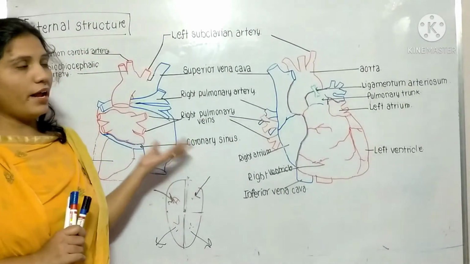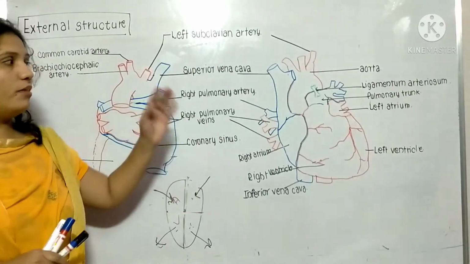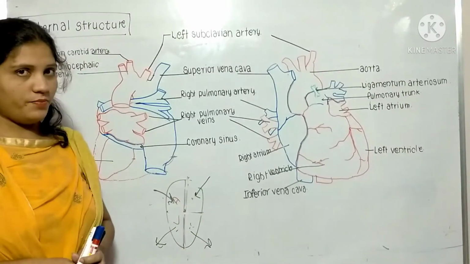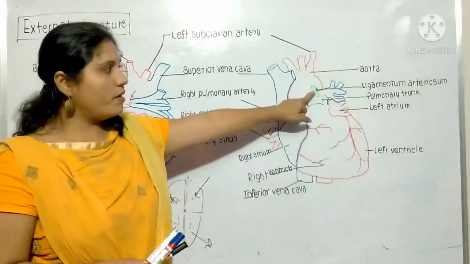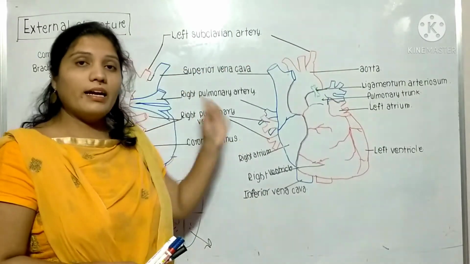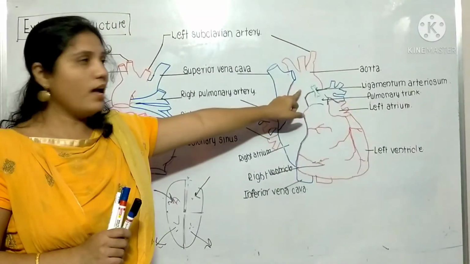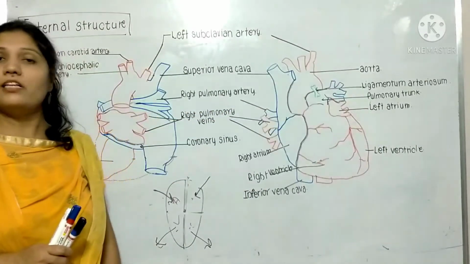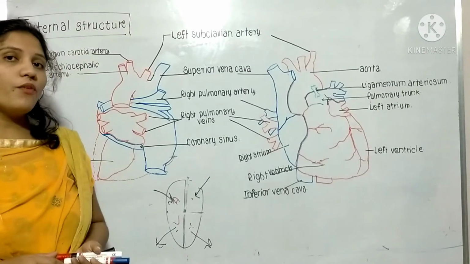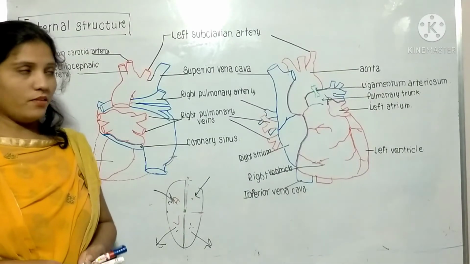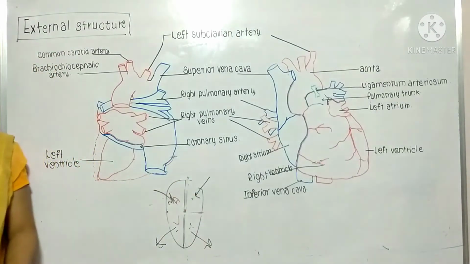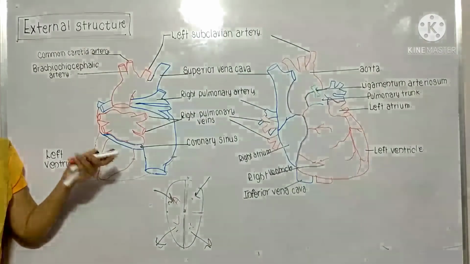I have already explained the ligamentum arteriosum, the connection that joins the systemic aorta and pulmonary trunk, a remnant of the embryonic duct. Okay, this is about the external structure of the human heart.